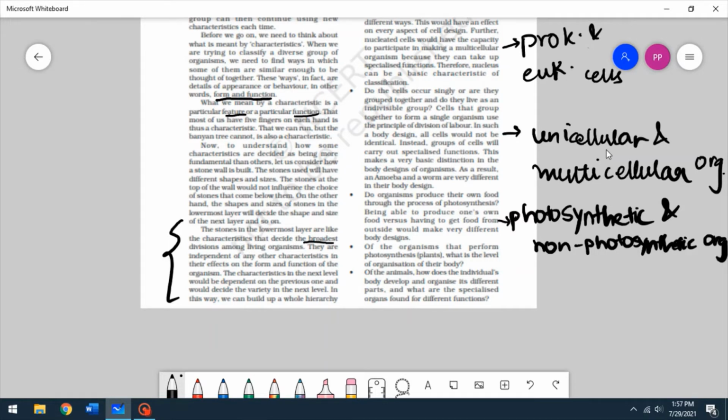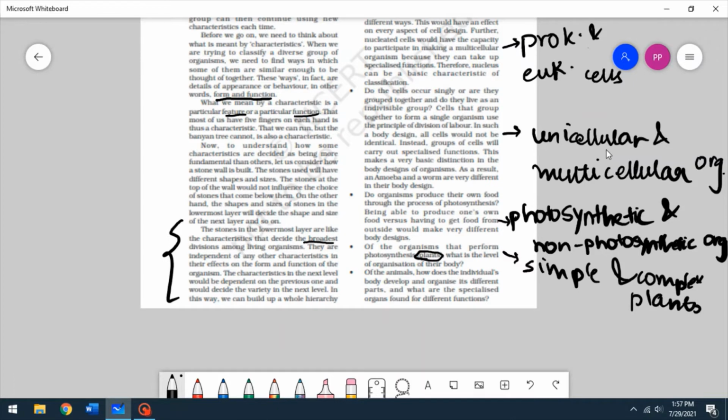And then of the organisms that perform photosynthesis, which happen to be plants, what is the level of organization in their body? Are they simple versus complex plants? So that question differentiates between simple and complex plants, right?